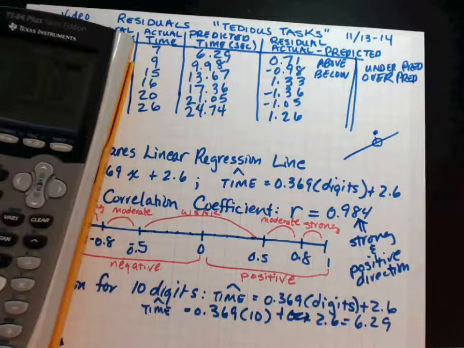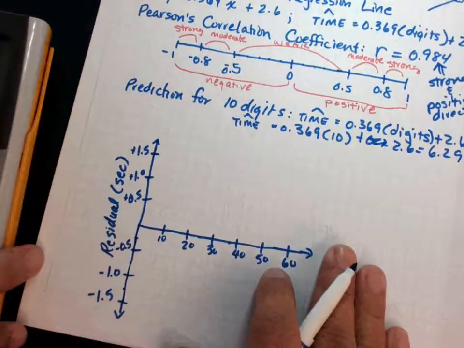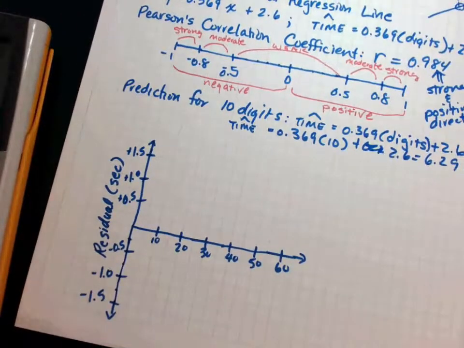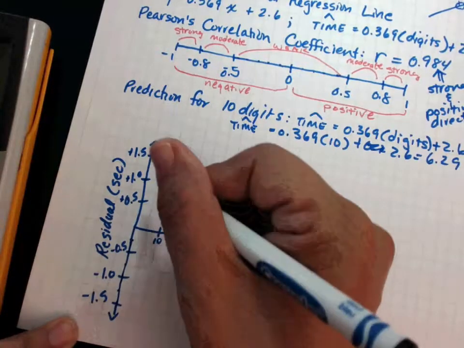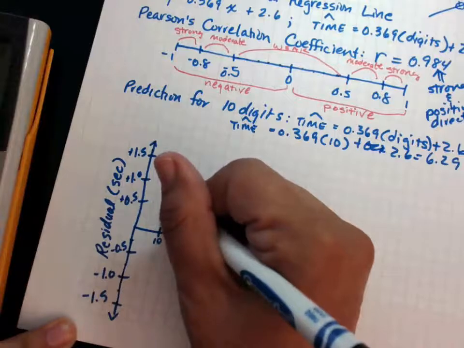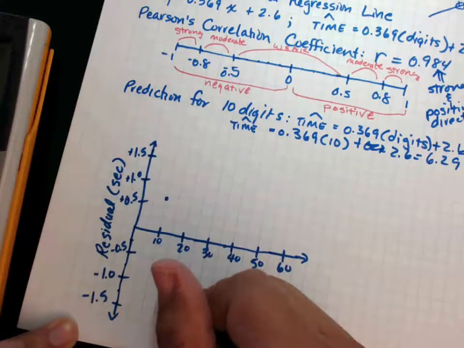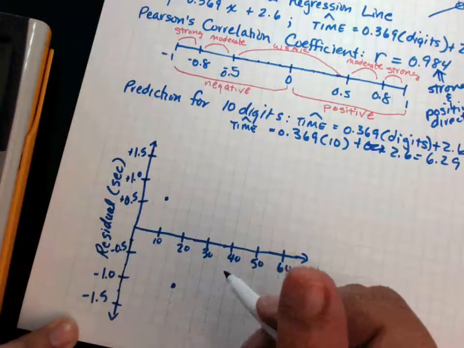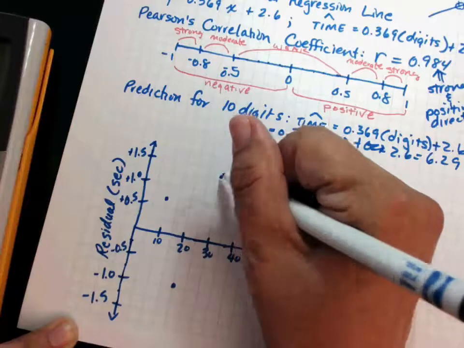Now that I have all these residuals, I can actually plot them. So I'm going to scroll this up, and you can see I've already started a residual plot here. The first point at 10 digits was 0.71, so that's roughly about here. Then we have negative 0.98, which is almost here. 1.33, which is roughly here.